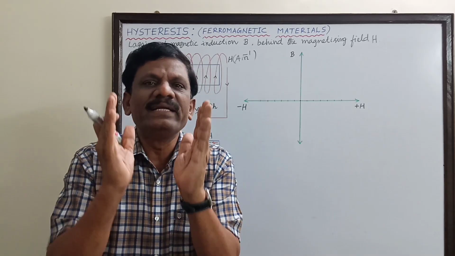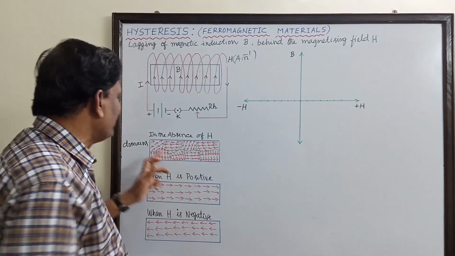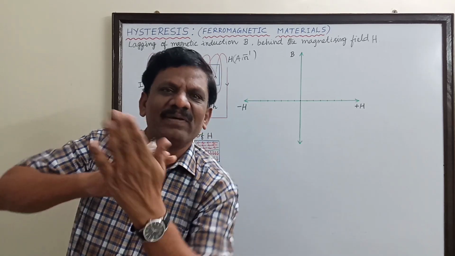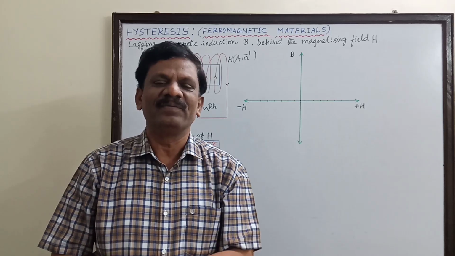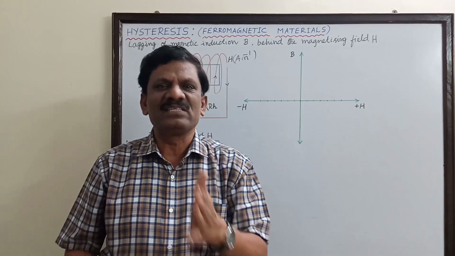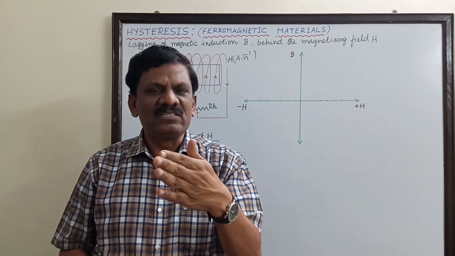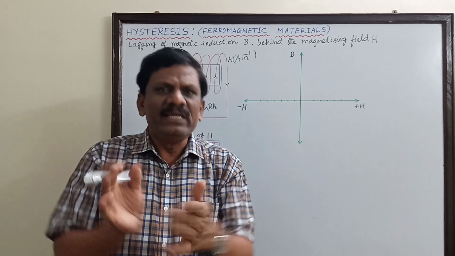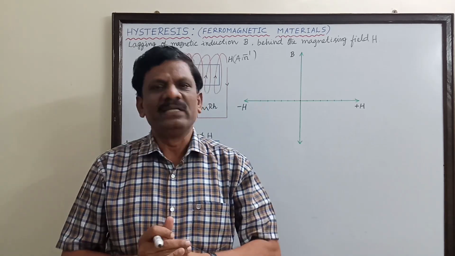The orientation or the alignment of each and every atomic dipole magnet will be changing as per the order given by the magnetizing field. Just like in a march past drill, the PT master is commanding left turn, right turn, about turn, so we quickly turn ourselves according to the orders given by the PT teacher.